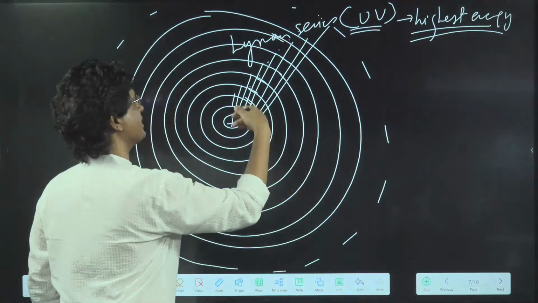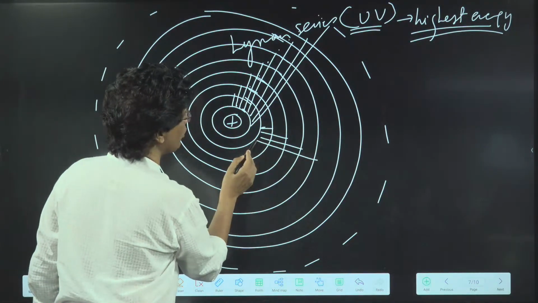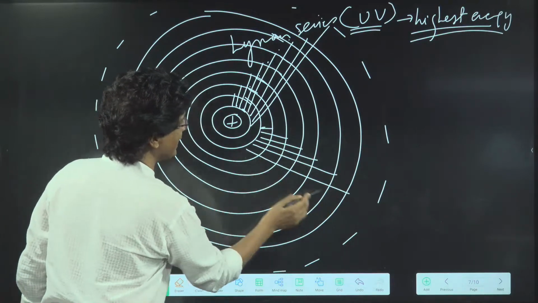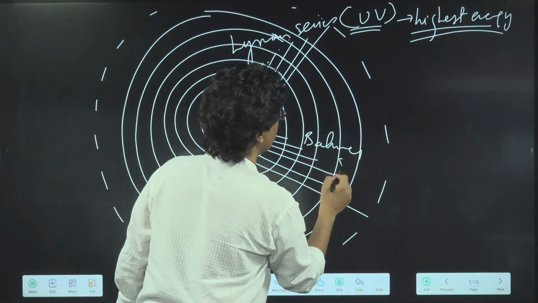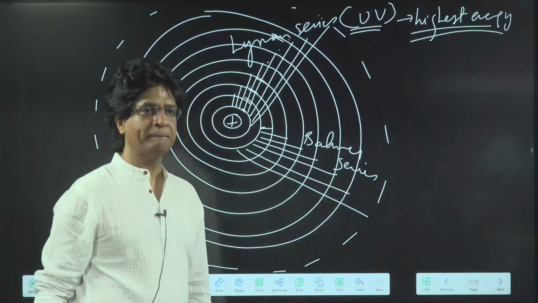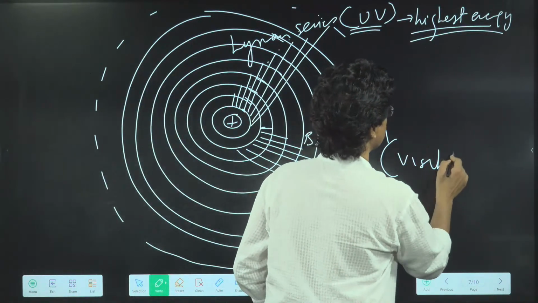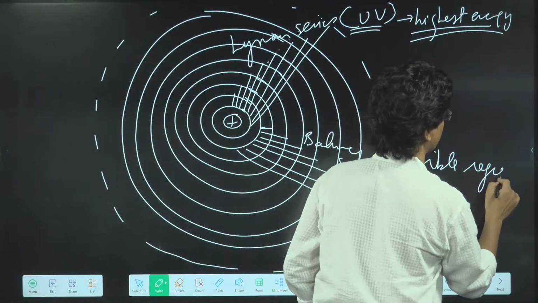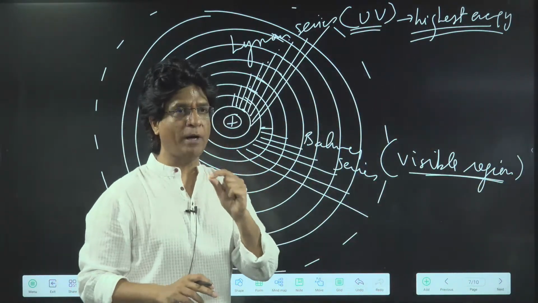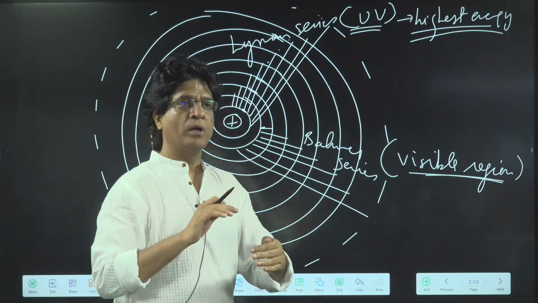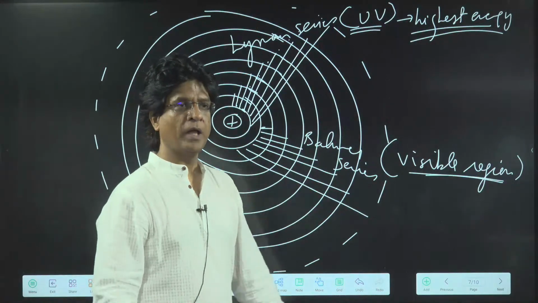Now, if the electron goes anywhere but falls directly to orbit number 2, it will form the Balmer series. Yes or no? And this lies in the visible region. Very good. But remember a very important question: not all lines in the Balmer series are visible.